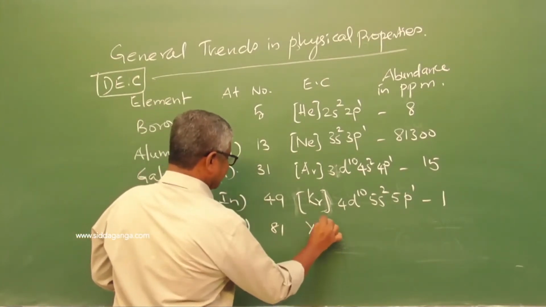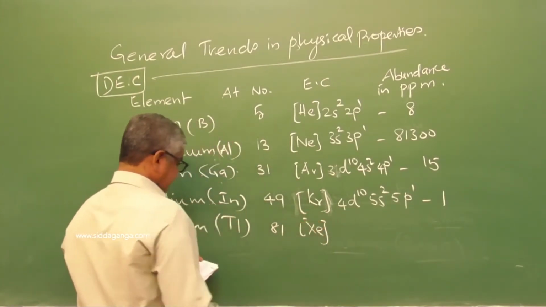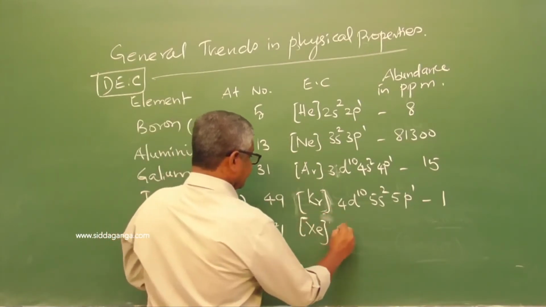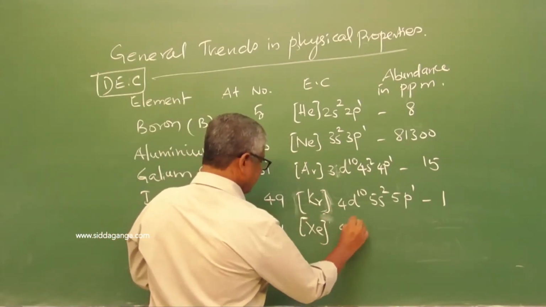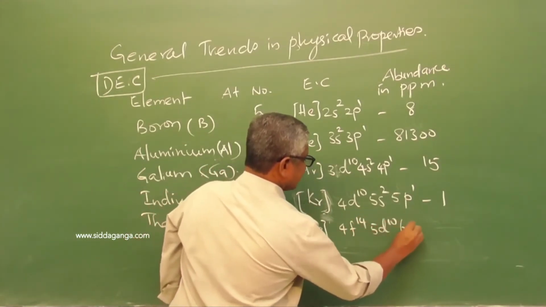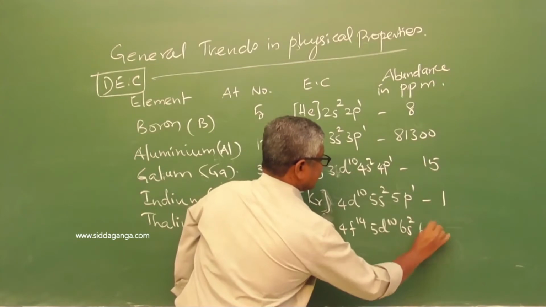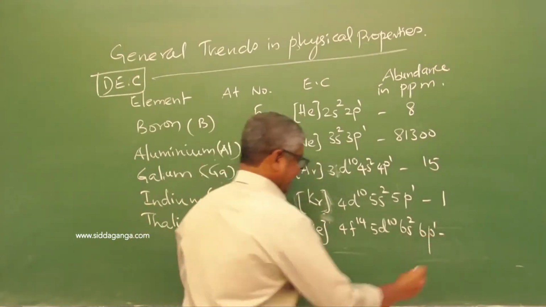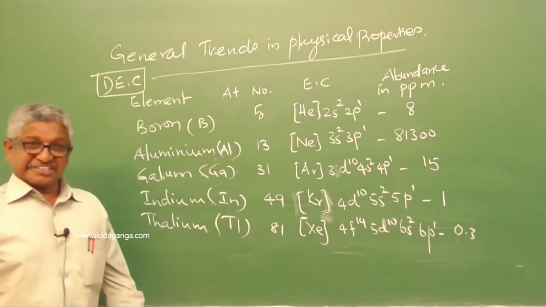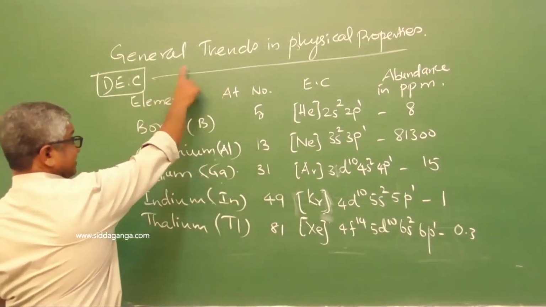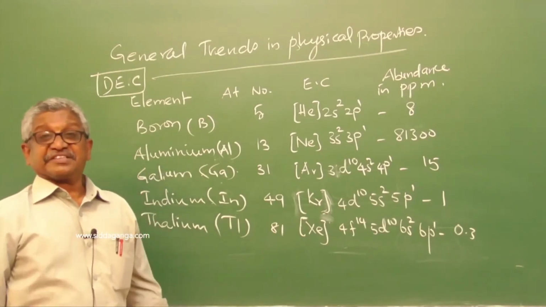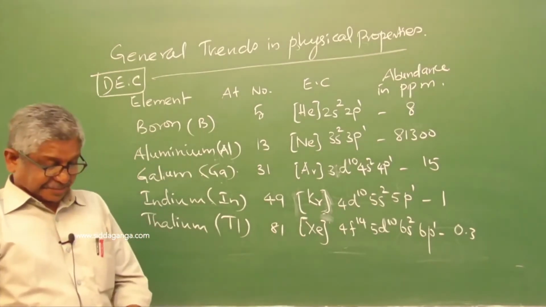Next is thallium, atomic number 81, xenon core 54, 4f14 5d10 6s2 6p1. It is 0.3 parts per million. These are the general trends in physical properties of the 13th group in the periodic table.